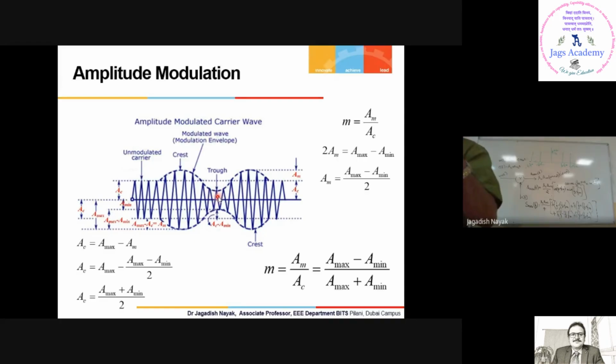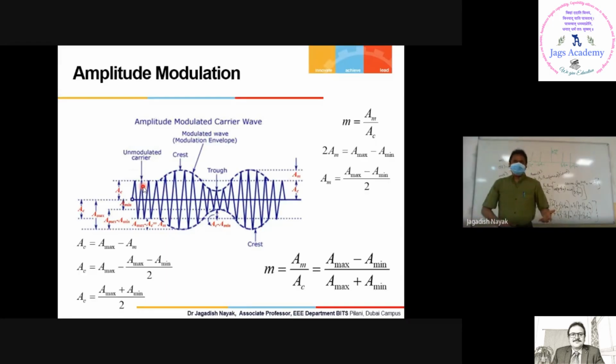Why? How will this gap vary? Because your M is equal to AM by AC. And if you want to vary M, you have to vary the carrier amplitude. This amplitude you have to vary. So why am I telling you this? Because the importance of the modulation index comes into the picture from this.